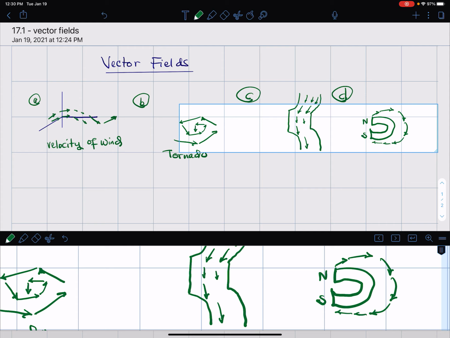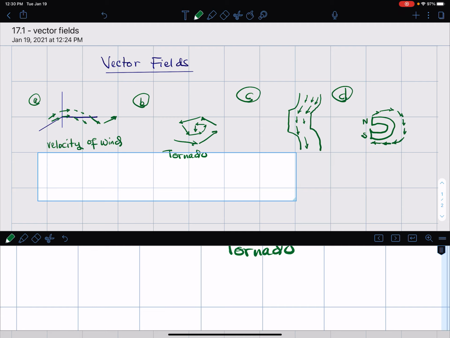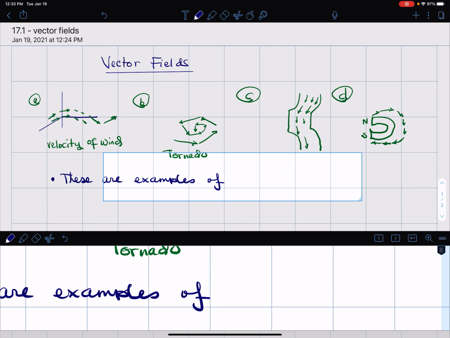The strength can be small at certain instances. So maybe along here the strength is small, and when it gets closer to the poles, the strength gets larger. These are all examples of vector fields.